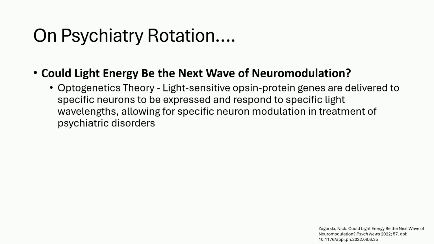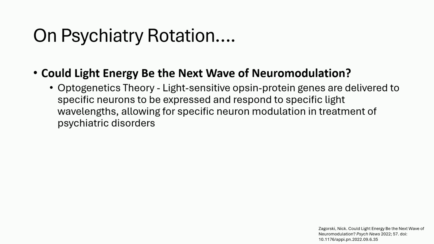And it was talking about optogenetics theory, which is basically using light-sensitive opsin proteins to directly control individual neurons. And so the theory was that in the future, if you could inject these neurons with the opsin proteins and then specifically fire those neurons, you could have a very refined way to treat psychiatric disorders.